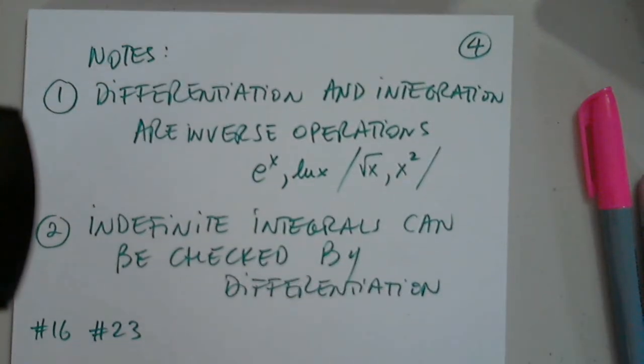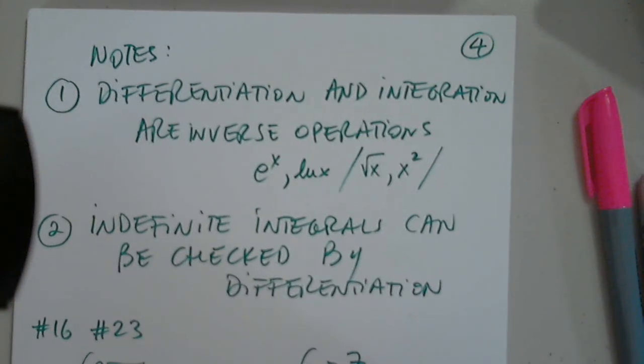Anyone else? Or let's do these two first. Good. So number 16, I see it. Number 16 is the integral of the cube root of x squared dx. And 23, where are you, 23? Right here. Good. So that's the integral of -7 over the cube root of x squared dx.